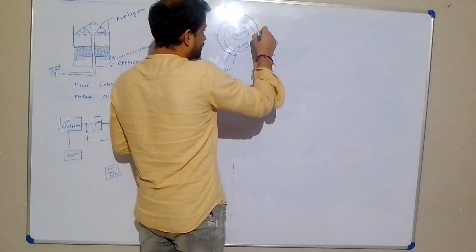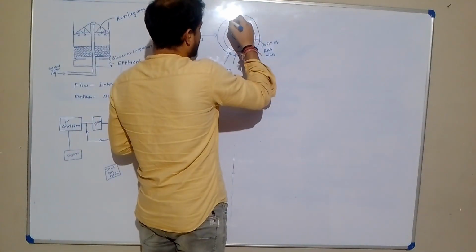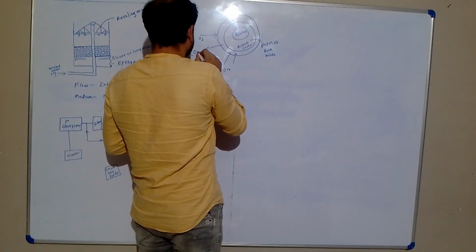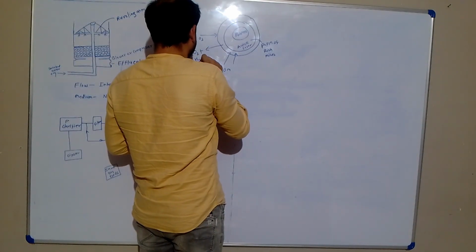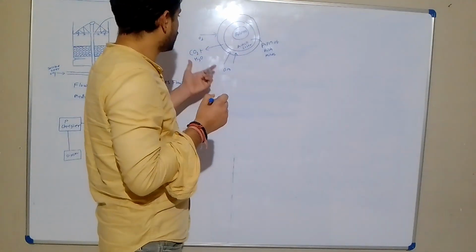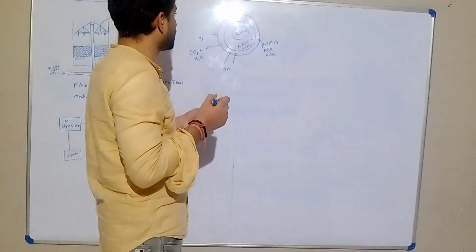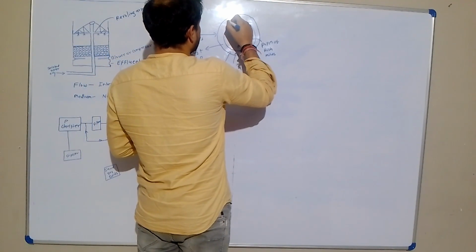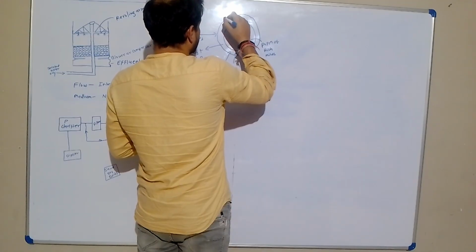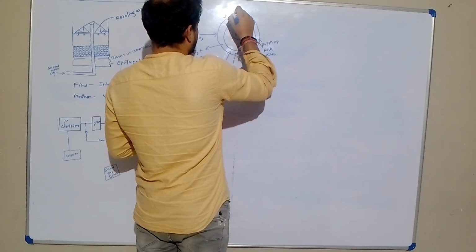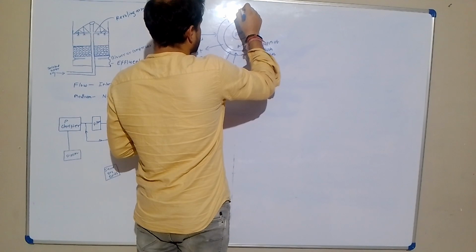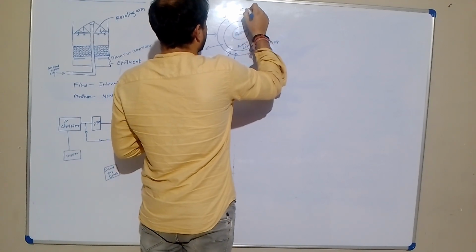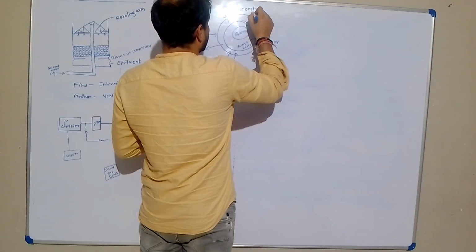So this biomass layer grows as the degradation of organic matter takes place. Carbon dioxide and H2 dissolve into the wastewater, and the organic matter is metabolized by bacteria.